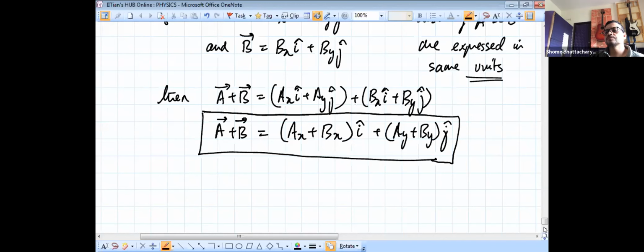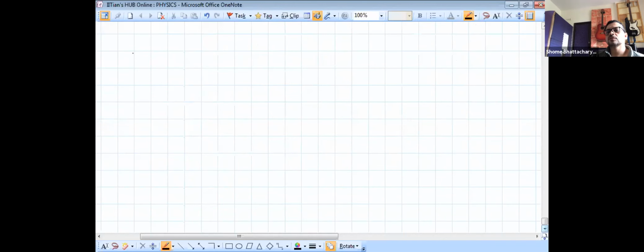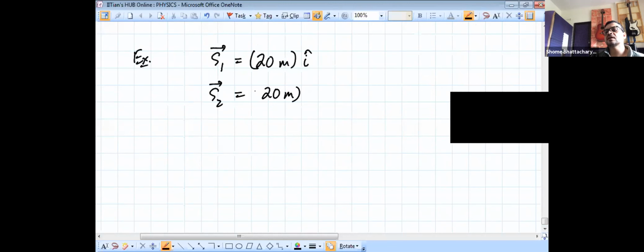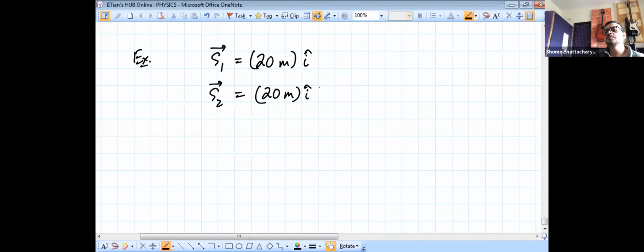So for example, suppose we have a situation where S1 is a displacement of 20 meters along I cap, and S2 is a displacement of, let us say, 20 meters I cap plus 40 meters J cap.